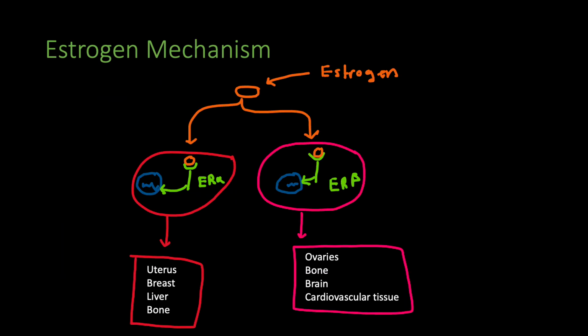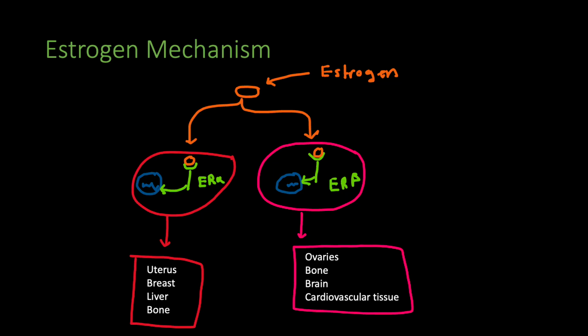Then there's the estrogen, which is a little bit different. This one actually binds to the two types of estrogen receptors. There's an alpha and beta receptor. Now the alpha, estrogen receptor alpha, their main things are they're just located in different parts of the body.